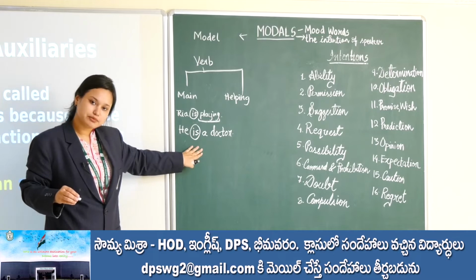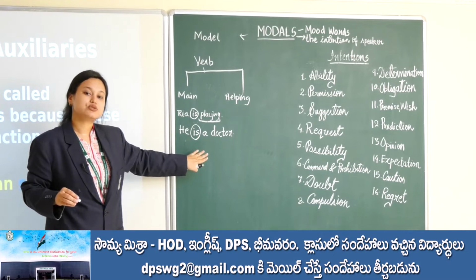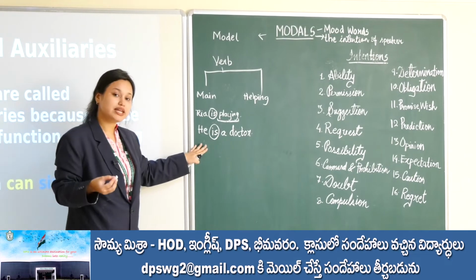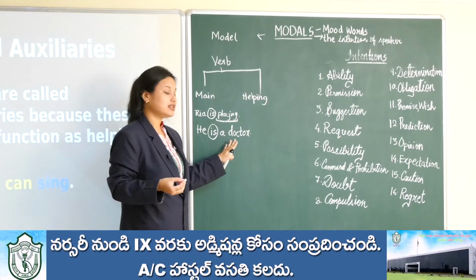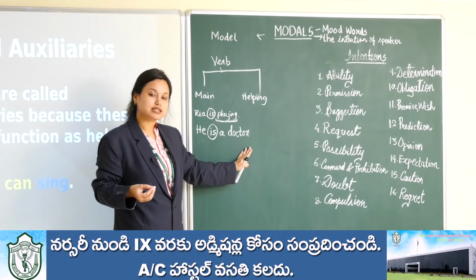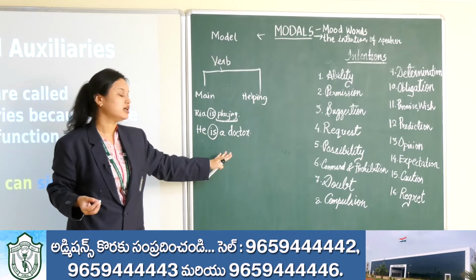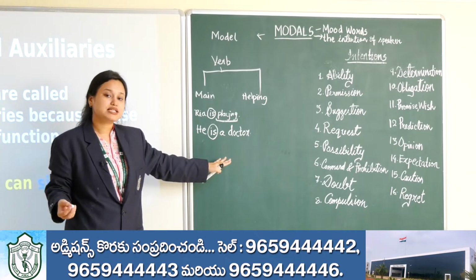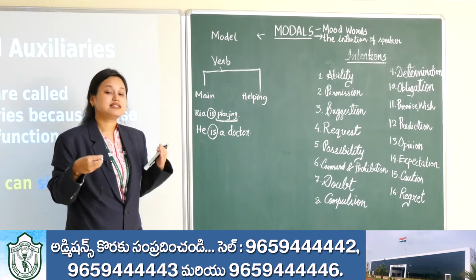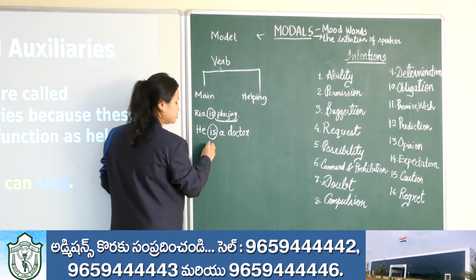What is it trying to say? It's trying to say the state of being of a person, that he is a doctor, or he is happy, or I am a doctor, I am a student, I am very excited. That means it's trying to say the state of being. What is it trying to indicate?